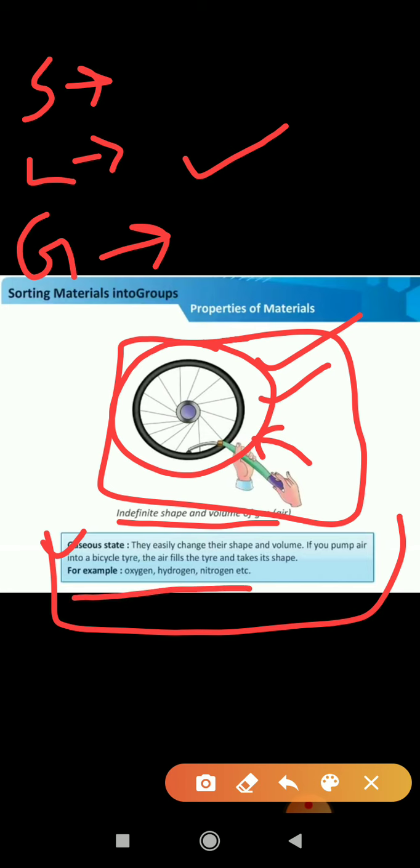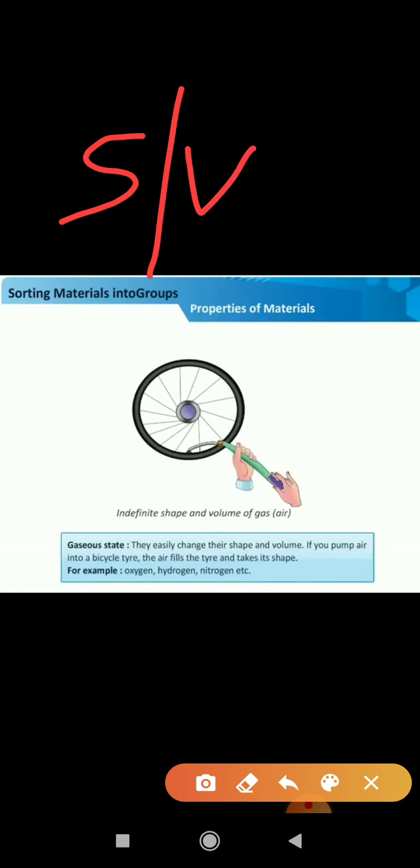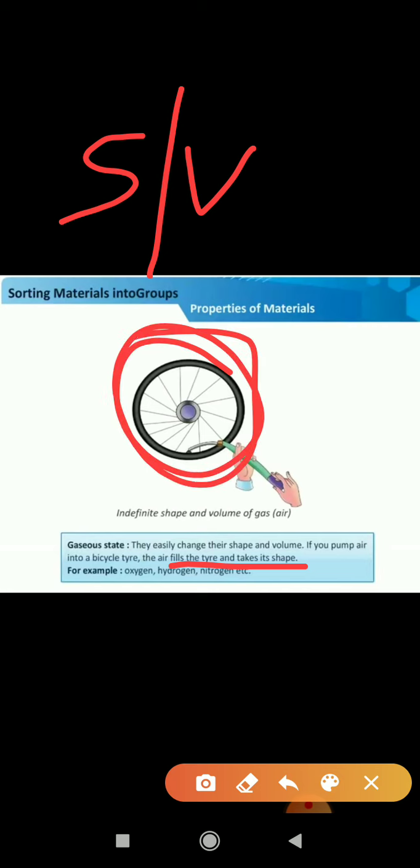For example, oxygen, hydrogen, nitrogen. So in the gaseous state, we have observed that it does not have a definite shape, and it does not have a definite volume. Because of that, if we transfer it into any shape, it will convert into that.